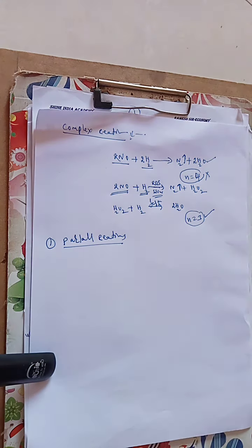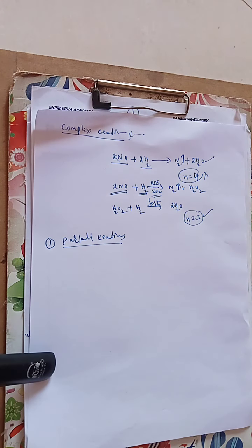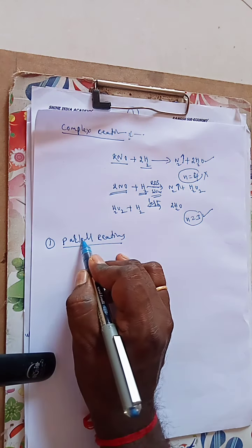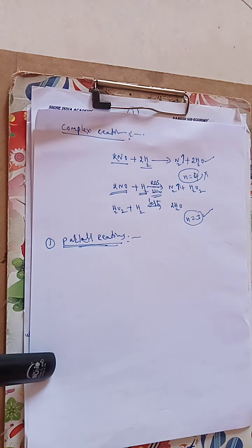Parallel reaction. What about parallel reaction? The name itself says parallel. When a reactant undergoes 2 or more independent reactions at the same time, it is called a parallel reaction.